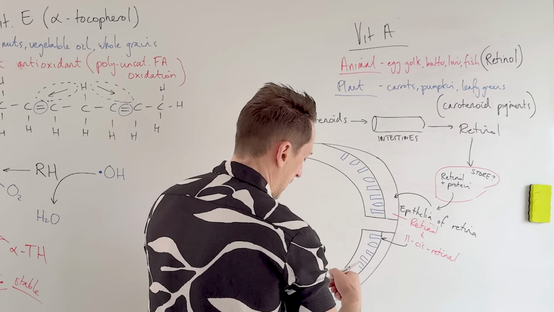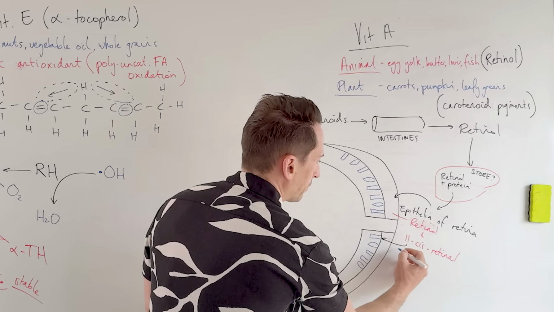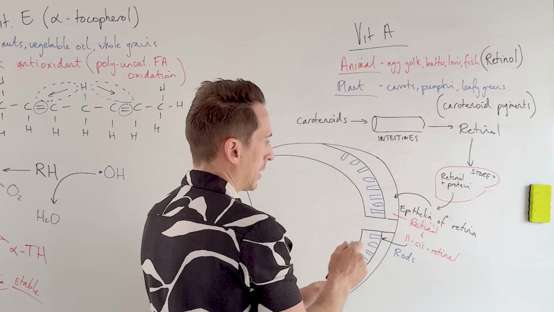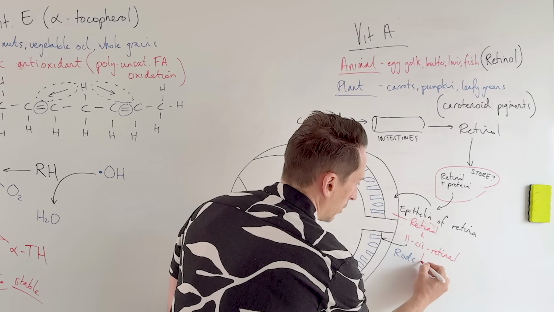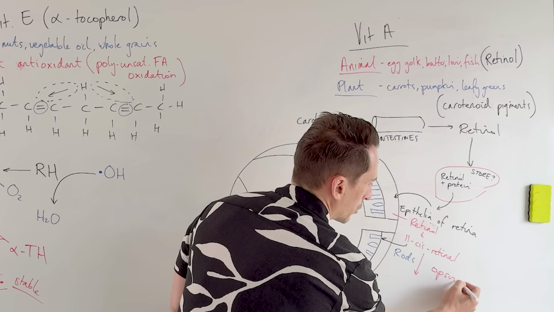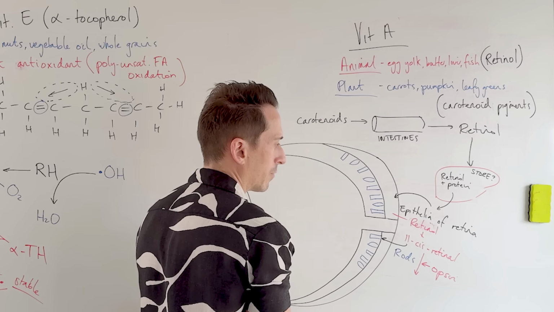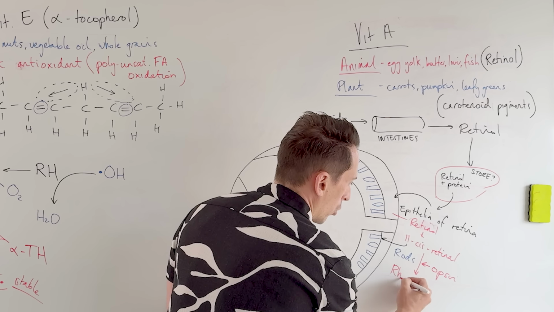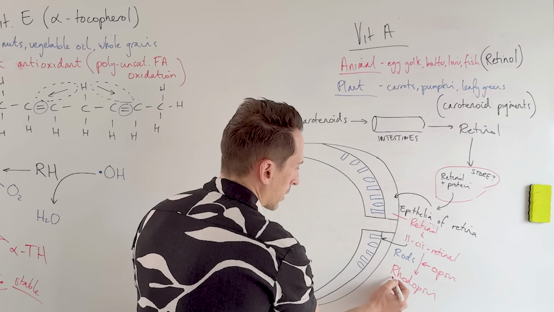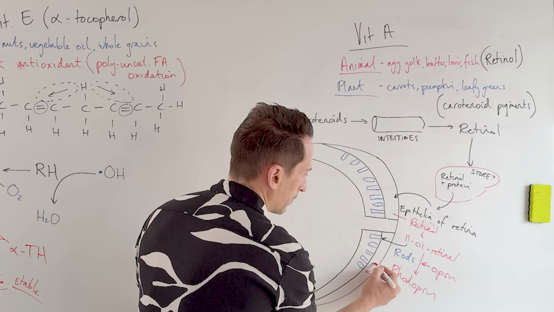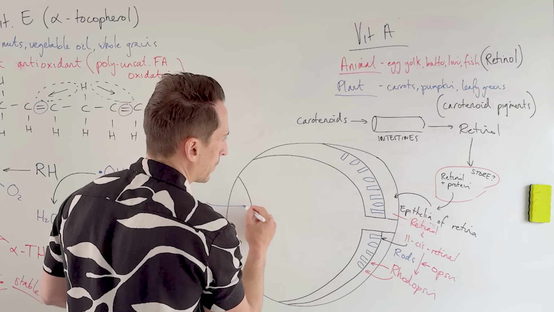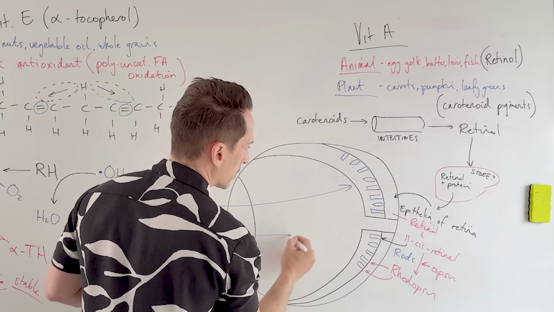And at the rods, it can be bound with something called opsin, which is a light-sensitive protein, to form rhodopsin. And this rhodopsin can go into both rods and cones, and it's waiting for light to come in through the eye and hit the rods and cones.